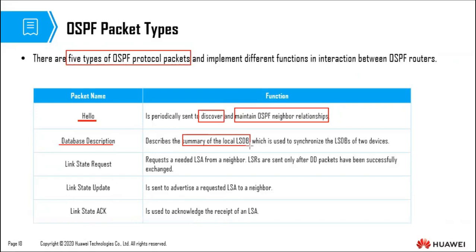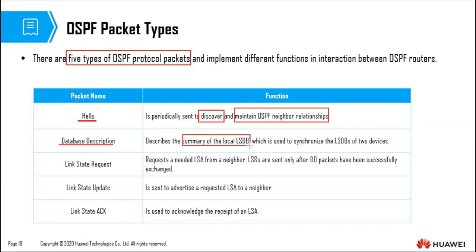So it is the DD that is used to carry LSAs. Please remember that among the OSPF protocol packet types, we don't have a protocol packet called LSA. LSAs are carried in the database description packet.